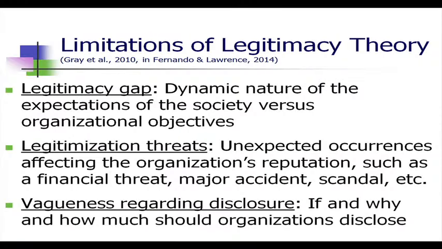The second is legitimization threats, unexpected occurrences affecting the organization's reputation, for example, a financial threat, major accident, scandal, etc. So, there's a fire in the factory, or various things, and some carelessness, one worker was careless, there was a scandal, there is some mistake. Where people are working, they will make mistakes.